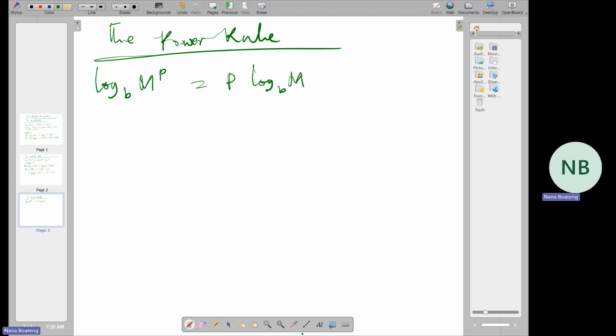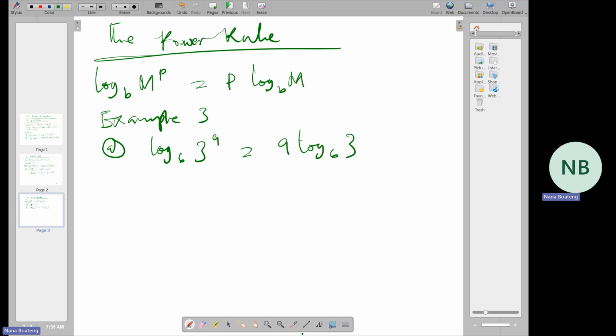So whenever there is a power, we can bring it in front of the log. So example 3, let's look at some examples on this. Example 3a is log to the base 6 of 3 to the power 9, which is equal to 9 log to the base 6 of 3.